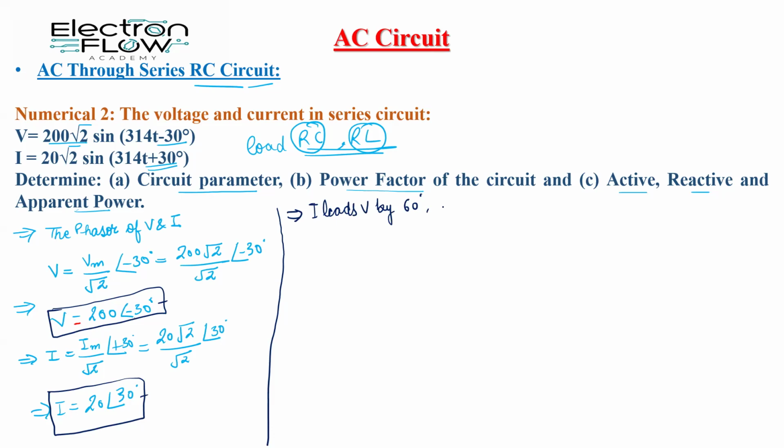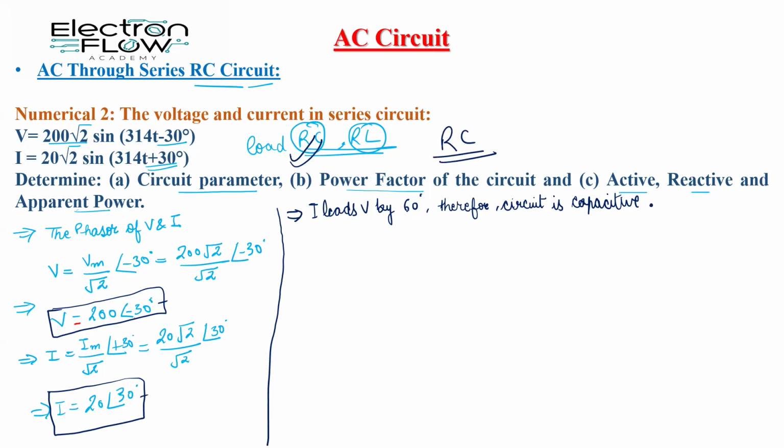Therefore the circuit is capacitive. This is how we find out that the type of load is RC. Current is leading the voltage by 60 degree.